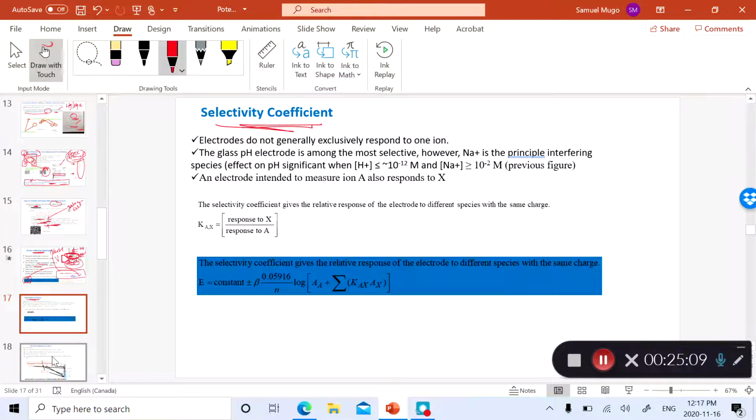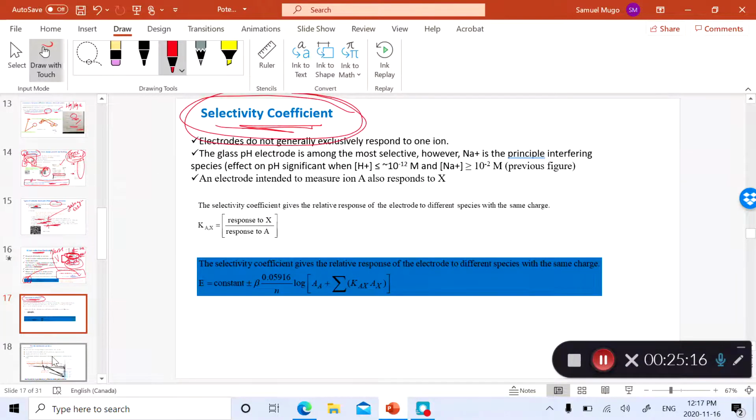The way you try to determine the performance of a sensor is using this figure of merit that we talked about earlier on, called the selectivity coefficient. The selectivity coefficient is determined by the response to the analyte and the response to the matrix, and that's how you get the selectivity coefficient.